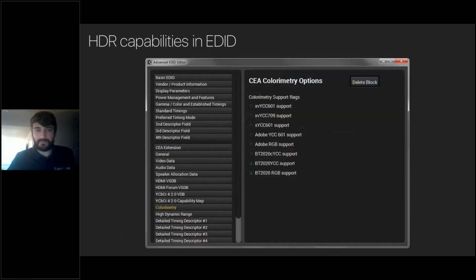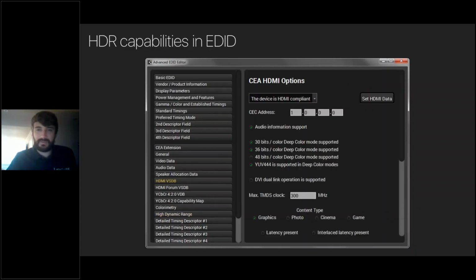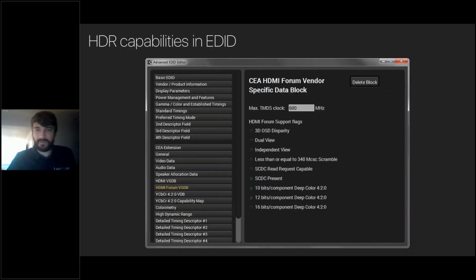So here we have the colorimetry, and you can see we've got the Rec 2020, so BT.2020 support. We've got an HDR data block that contains static metadata. In the HDMI vendor-specific data block, you can find the bit depth options, so supporting the right level of deep color. For higher bit depths, they also need to be supported in this block, the HDMI Forum vendor-specific data block.